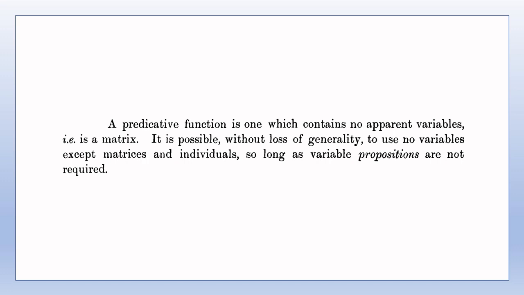For example, since for any function we can always find a predicative function or matrix which is formally equivalent to it, then we really only ever need to consider functions that are of an order 1 greater than the greatest order to be found amongst the real variables of the function, since this is a property of matrices.